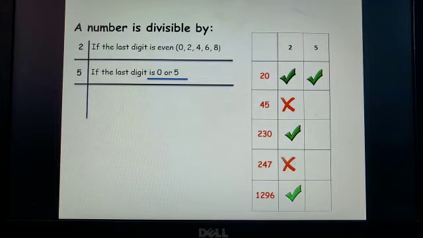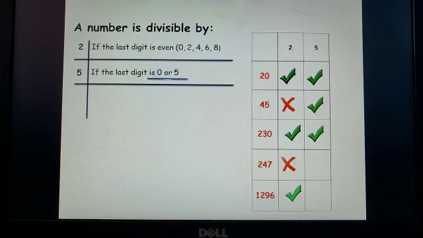45. Is the last digit a 0 or a 5? It is, it's a 5, so we know that it's divisible by 5. 230. Again, we look at the last digit and we can see it's a 0. So yes, that's divisible by 5. 247.